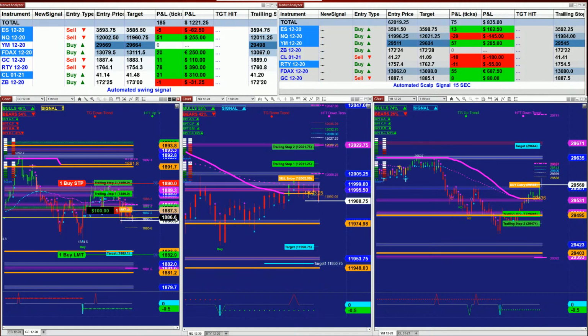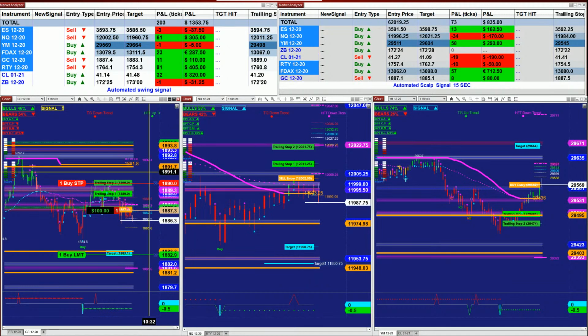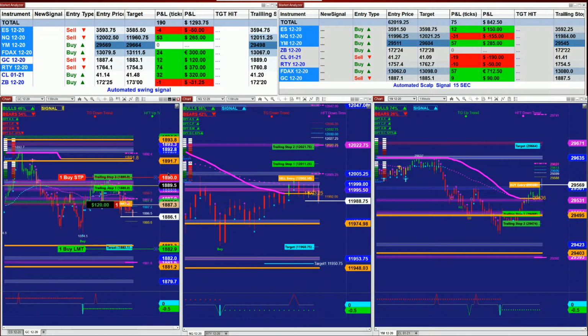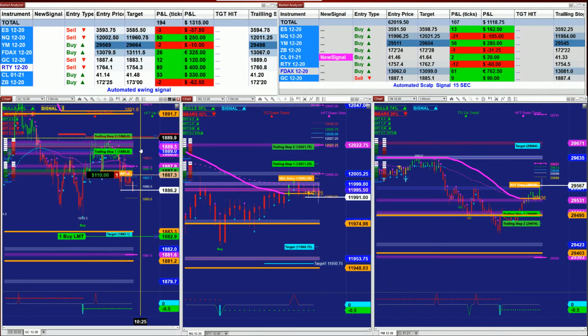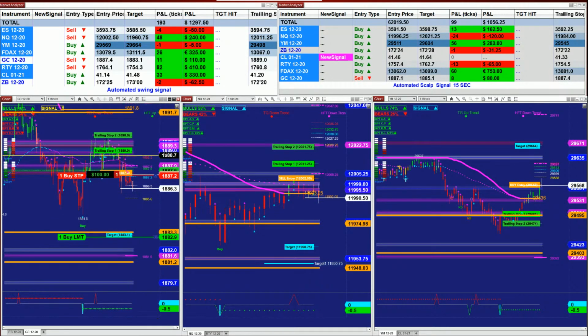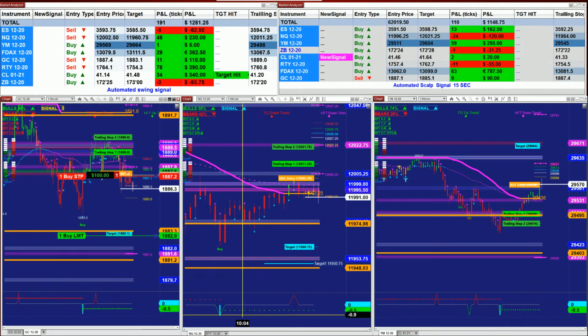On the gold, I'm not using the system. I'm using the ATM strategy, and you can use the ATM strategy, and then you go ahead and break even if you want to, or you can extend your target. So I'm using an ATM on that one here.